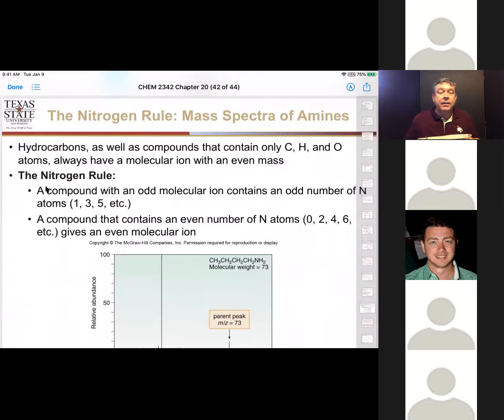Which means that you can always tell when you have nitrogen or an odd number of nitrogens in your compound because your parent ion peak will have an odd number, okay? So if you have 1, 3, 5, 7 nitrogen in the compound, you're gonna have an odd number. However, it doesn't work if you have an even number because 2 odd numbers add up to an even number. So we have an interesting way of identifying if you have an odd number of nitrogens in a compound just by looking at the mass of the parent ion peak.